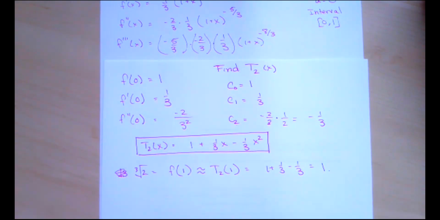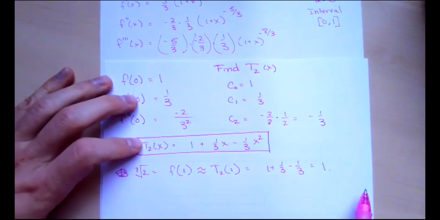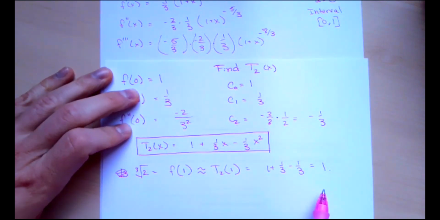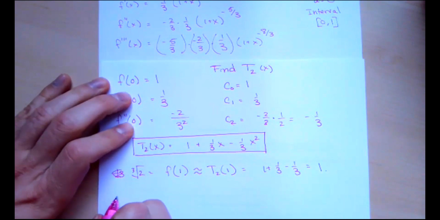And so we just get 1 as an approximation for that. Probably not the best approximation. But then part 5, we actually want to know how far off is this approximation. So how far off can it be?